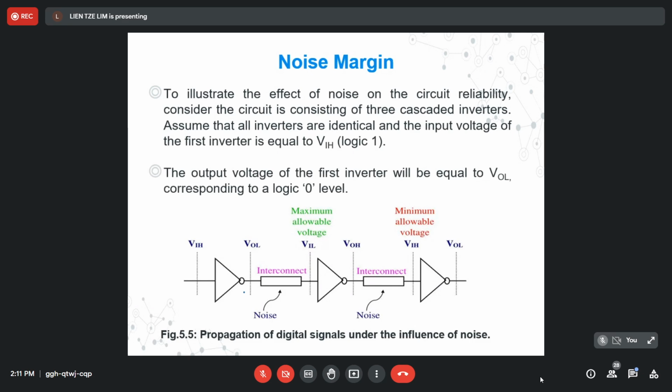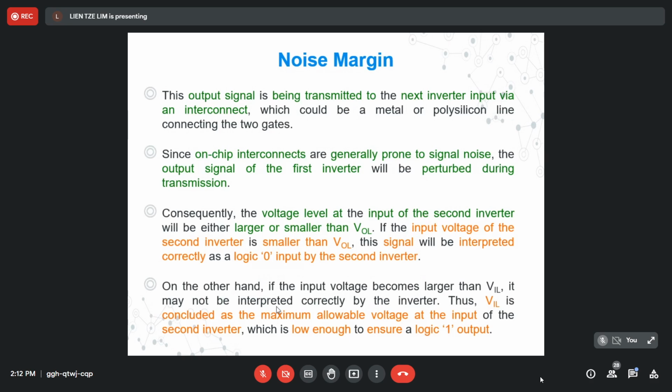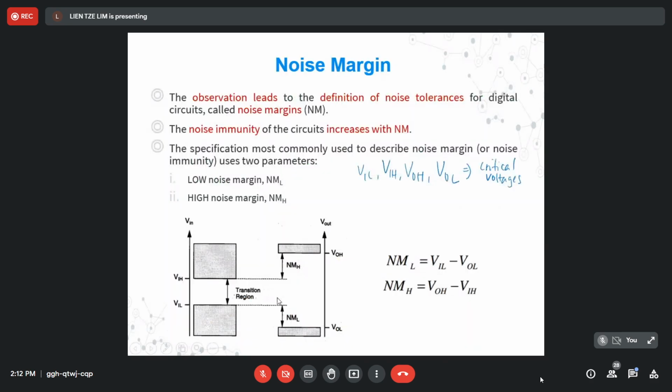The input to the inverter must be correctly interpreted in order to make sure that the output is correct. If the voltage level is not correct, meaning it fluctuates significantly, then the output will not be interpreted correctly. With this diagram, maybe you can see it better.